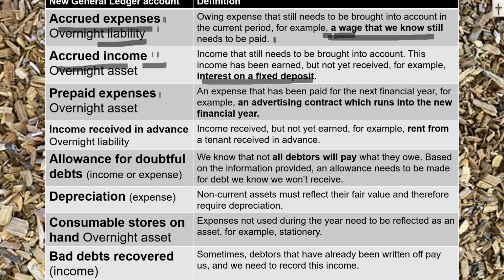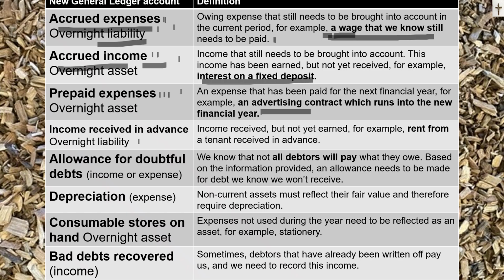Prepaid expenses. If I've paid an expense for the next financial year, we need to take it out of the expense account, for example, advertising, and we debit an account called prepaid expenses. This video only introduces these accounts. The next video we will do worked examples of transactions that result in these accounts.